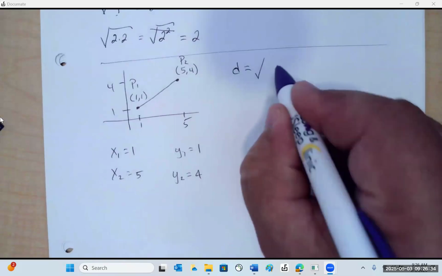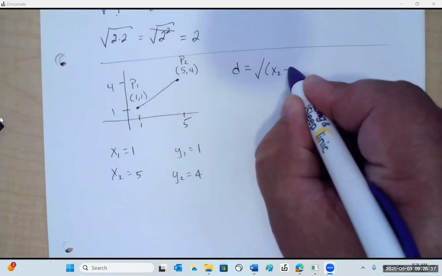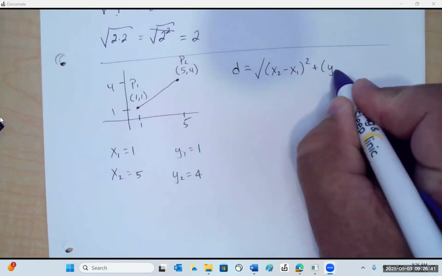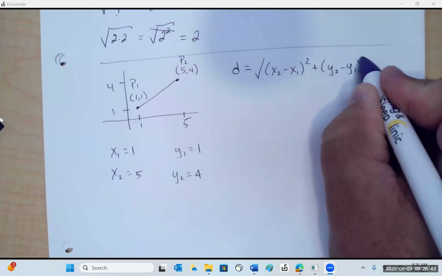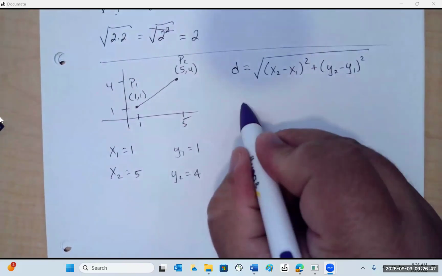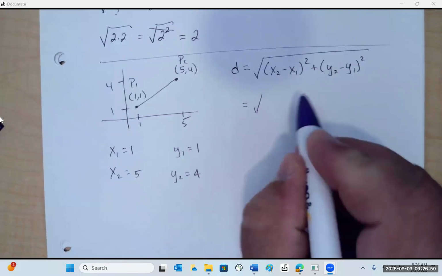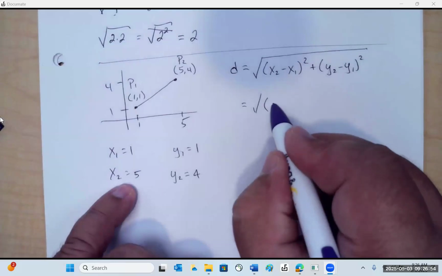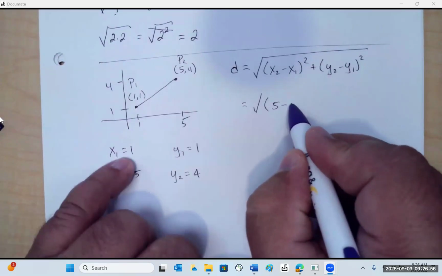We have our formula. X2 minus X1 squared plus Y2 minus Y1 squared. Plug them in there. X2 is 5 minus X1.